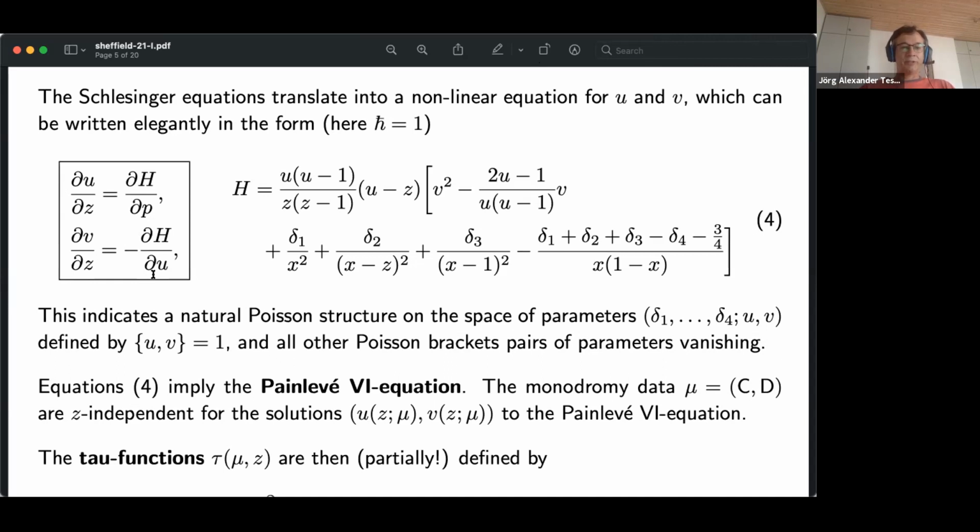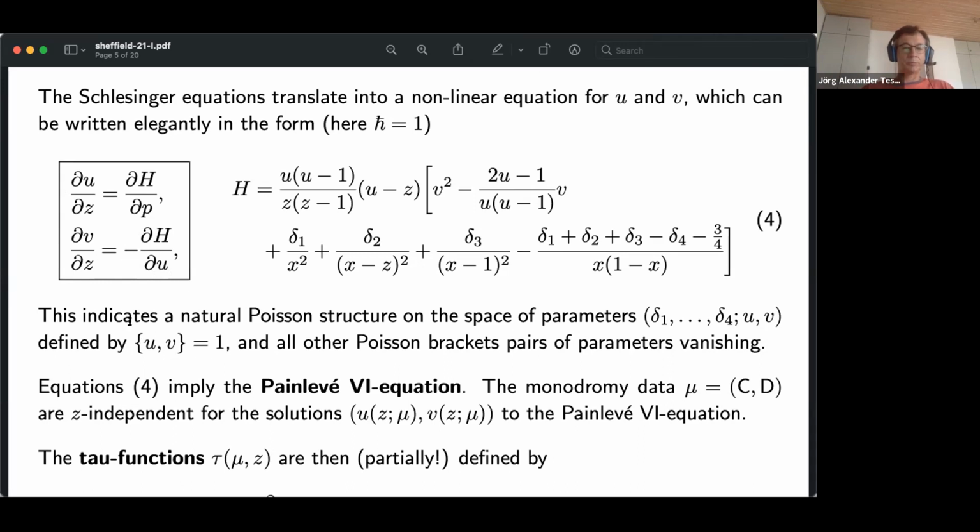Good. Having found that it is representable in this form, you can invent a Poisson structure which basically allows you to cast this dynamical system into the framework of, say, Poisson geometry. And that is the simplest one you can think of.